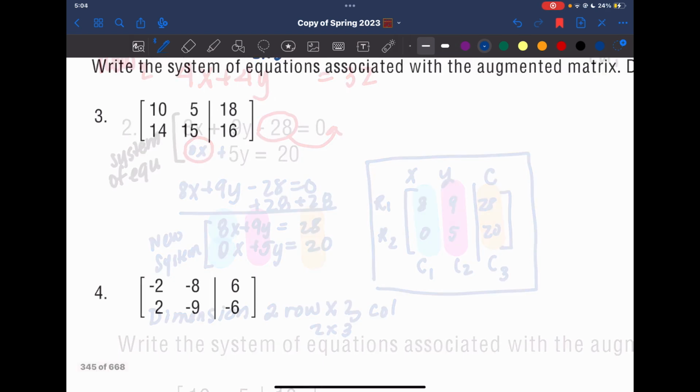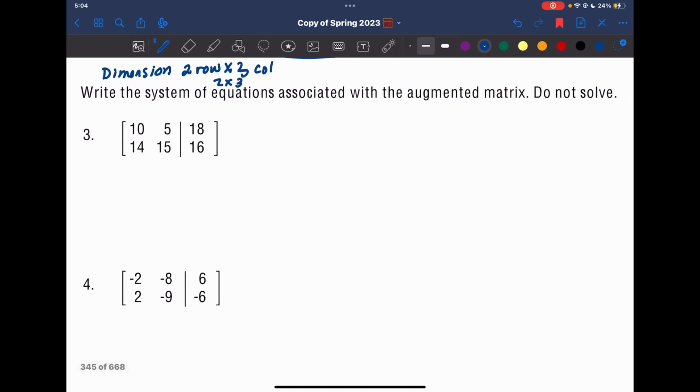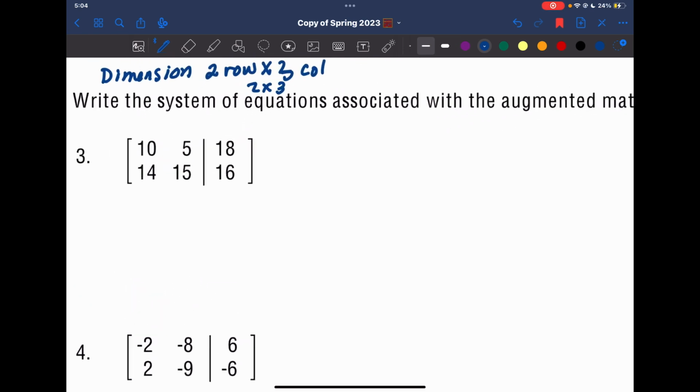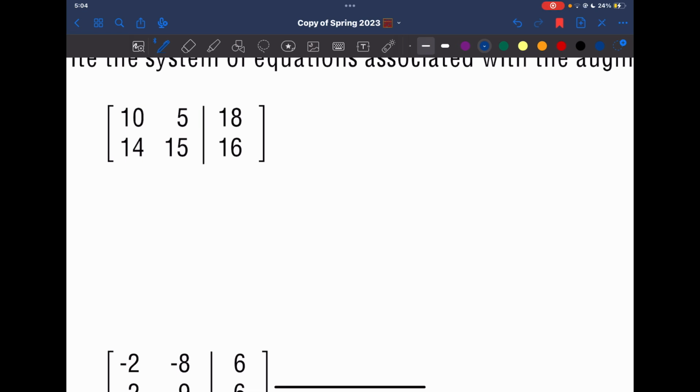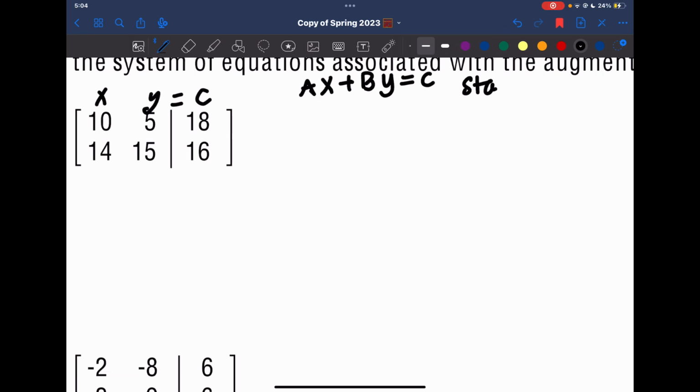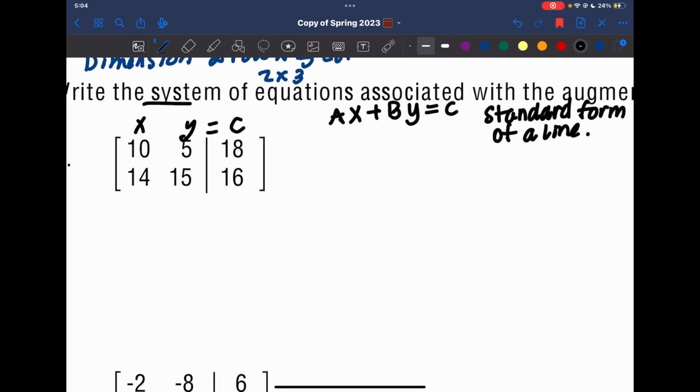Okay. Number 3, it says write the system of equations associated with the augmented matrix, do not solve. Let's review what the matrix is again. This is going to be an X, Y, and C. This is an equal sign. It's AX plus BY equals C. This is a standard form of a line. So let's go ahead and write the system.